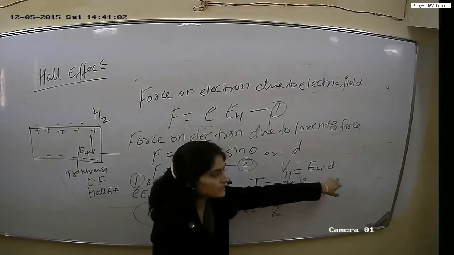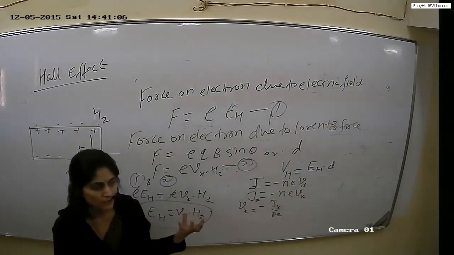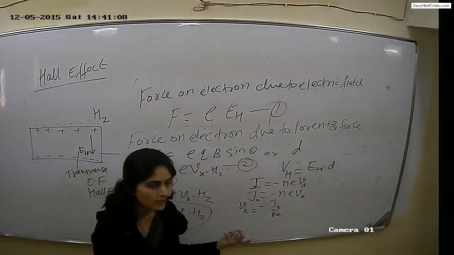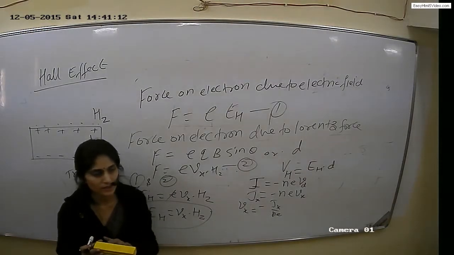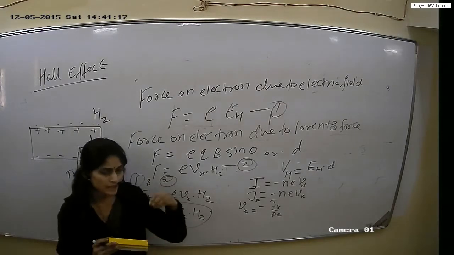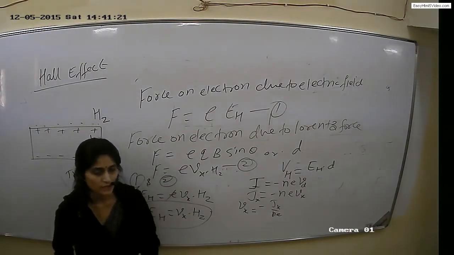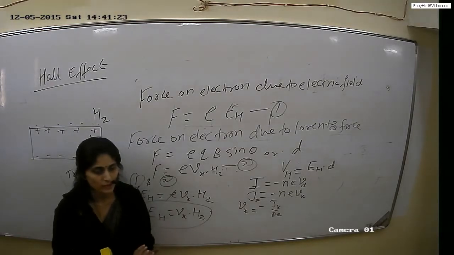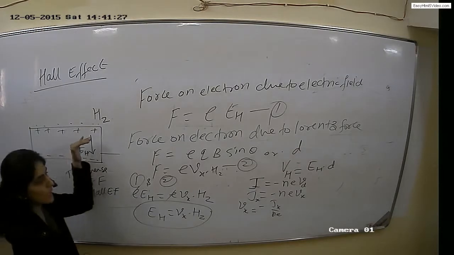Where d is the thickness of the rod. It means for the derivation of Hall effect, for the calculation of Hall electric field, we are taking a metallic rod of the conductor, and if you are applying the magnetic field on it, then electrons will experience Lorentz force, and due to that force electrons will accumulate at the lower end and positive ions at the upper end.